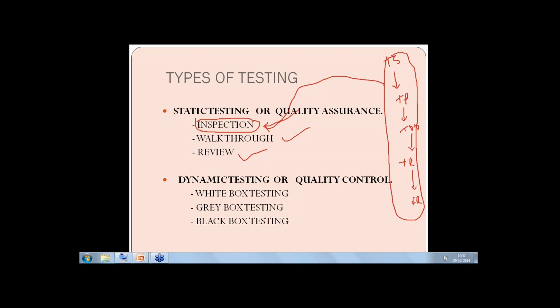Let's say a review is being done by the internal team of Accenture for the testing documents. If Accenture wants, they might call a third-party inspection company to do inspections of these testing documents also. Now, why would Accenture call a third-party company to inspect the documents?